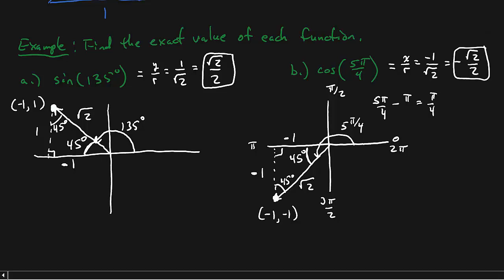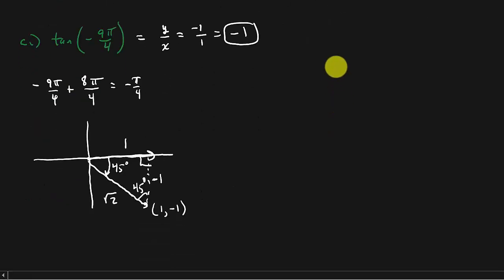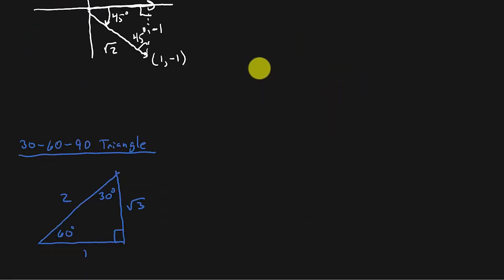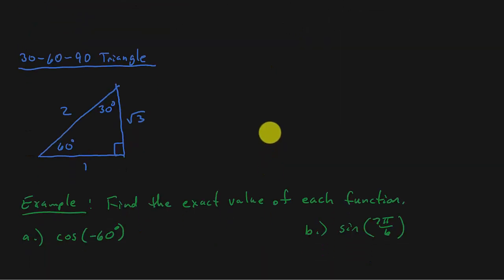You're going to use reference angles and the fact that you've memorized sine and cosine of 45 is square root of 2 over 2, tangent 45 is 1. But for right now, we're working them like this, and I think it's good practice for you to be able to work them like this also.